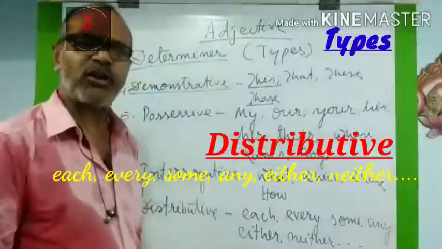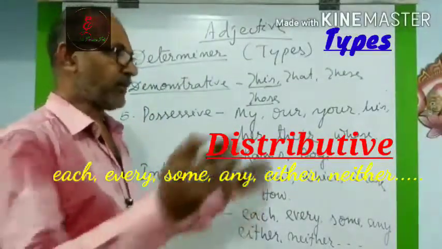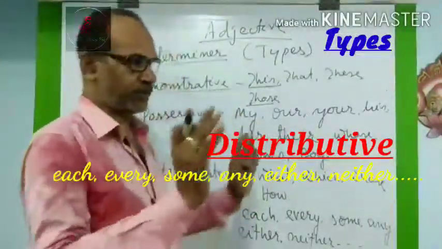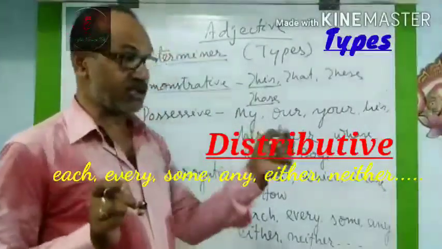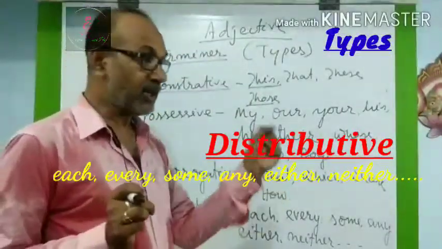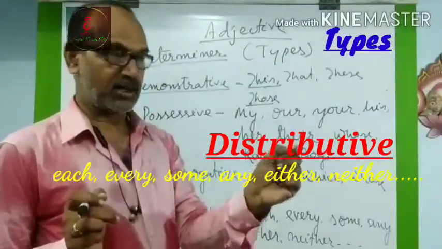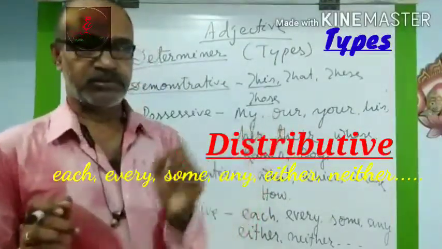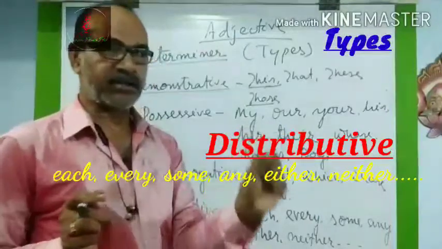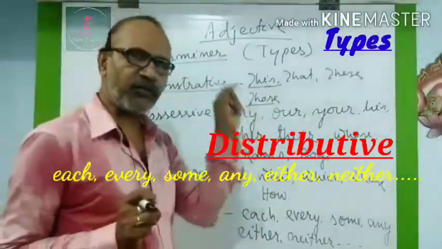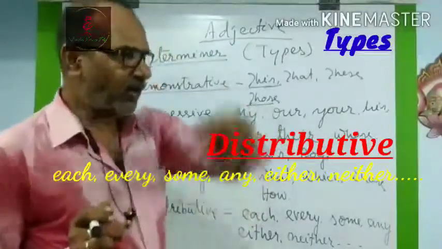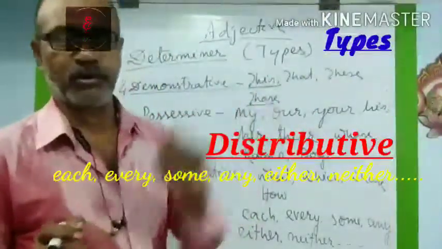Why is it called distributive? If there is a group of students and the teacher says that each will get a book, each will get a book. From the use of each, it denotes that all will get a book.